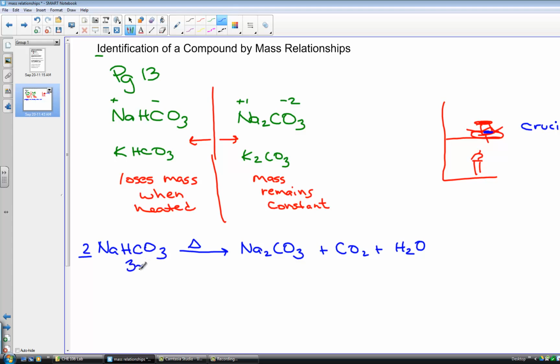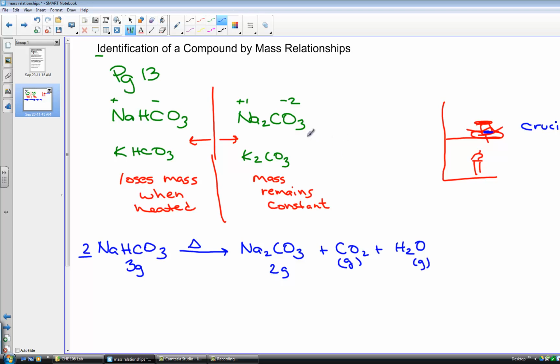If I started with 3 grams of this baking soda, NaHCO3, and heated it to force a decomposition to be left with a carbonate, I would expect a mass loss. CO2 and water both left the dish as gases, and of course, just making this up, you'd have about 1 gram loss, but definitely a noticeable difference between the starting and ending mass.